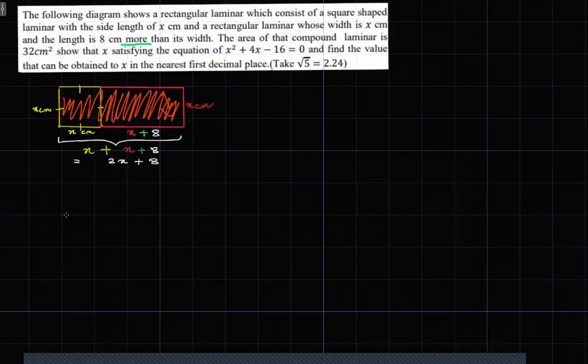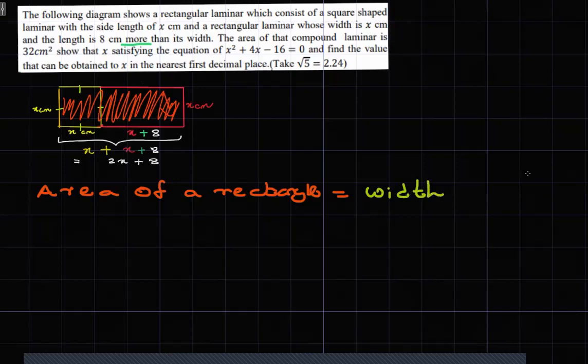What's the formula for the area of a rectangle? Area of rectangle is equal to width, or breadth, multiplied by the length. So width times length.